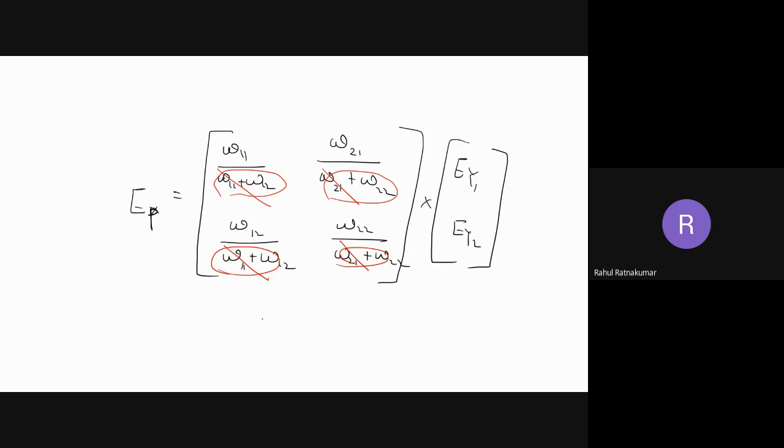If you ask me why it can be eliminated, this can be eliminated for the simplicity of the calculation. So this is W11, W21, W12, W22. Okay. This is nothing but EP.